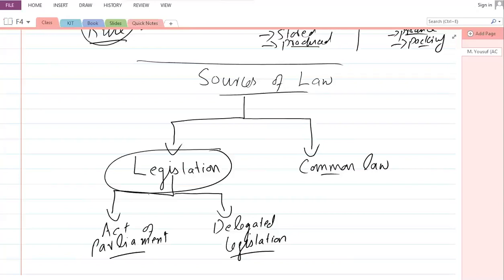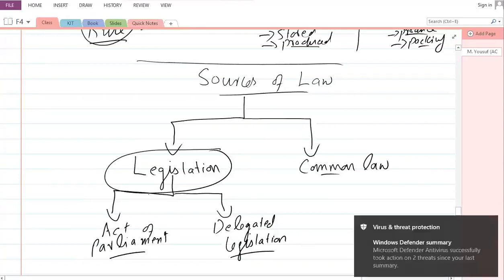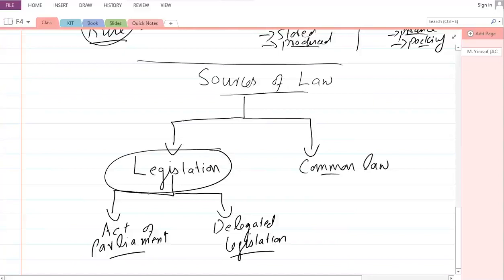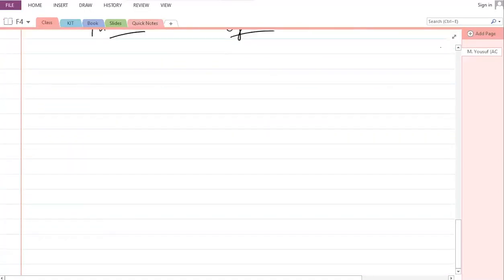So whenever the word legislation comes in a book, you must understand that the examiner or the author is discussing either act of parliament or delegated legislation. So how are we going to understand these concepts? Let's start. We will start from act of parliament.